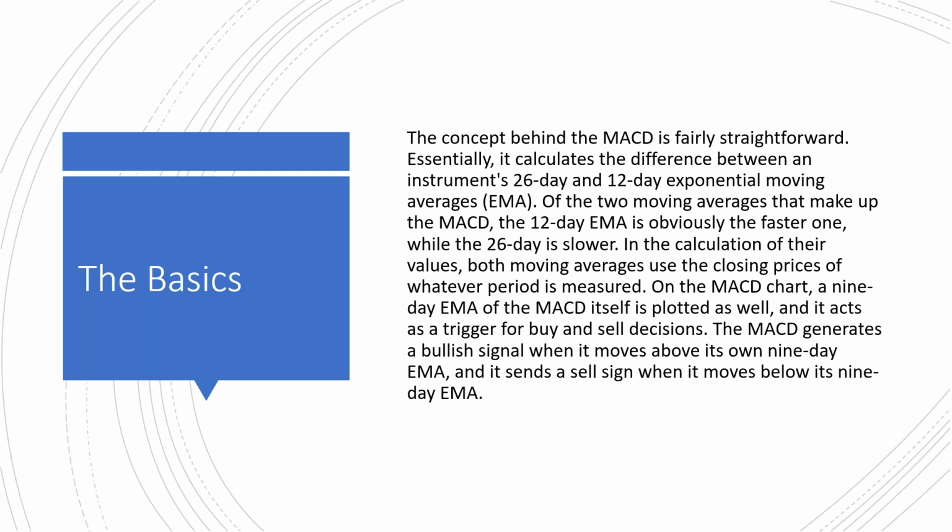Also, if you understand moving averages, the shorter the period of that moving average, the faster it reacts to more recent price movements. The longer the period is, the slower it reacts. Now, it doesn't matter if you're using a 10 and a 20-day, a 1-day and a 1 week.